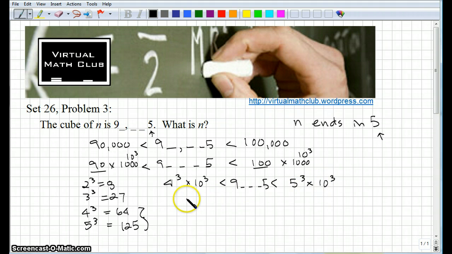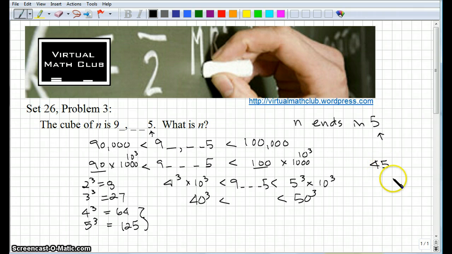So that would just be 40 cubed and 50 cubed. Okay, so we're looking for a number that's somewhere between 40 and 50, and it ends in 5. Well, that narrows it down really fast. Let's try 45. Let's just check that, okay?